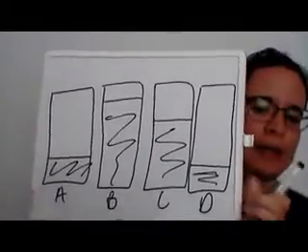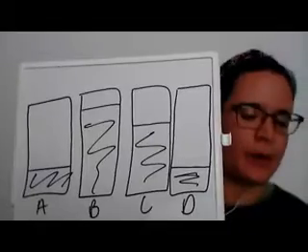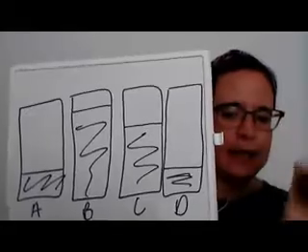So Antonio says container blank has the greatest amount of water. Which container has the greatest amount of water, the most amount of water? Container B. So on your line, just put B. That has the most amount of water.